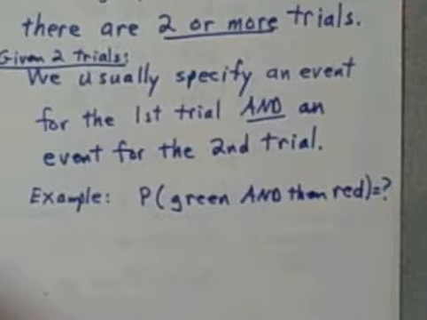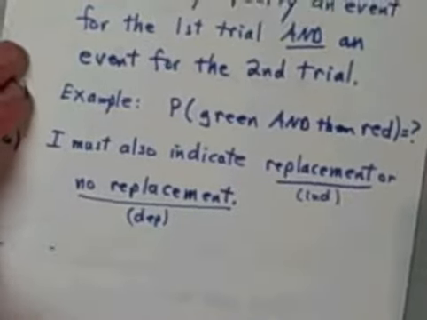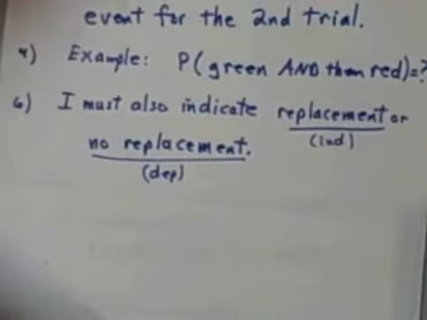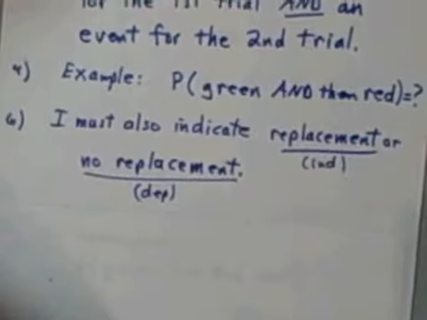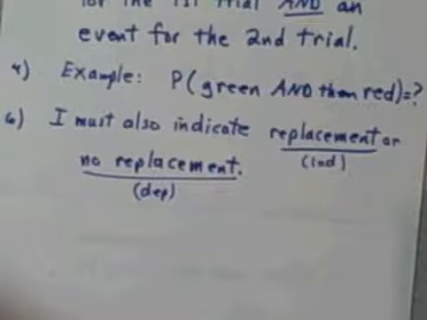If we decide to put it back into the bag, that's technically known as replacement. We replace it back into the bag. If I leave it out, that's technically known as no replacement. Now, when I perform trials with replacement, that means that the trials then become independent of each other.